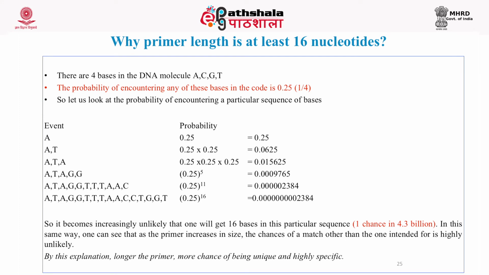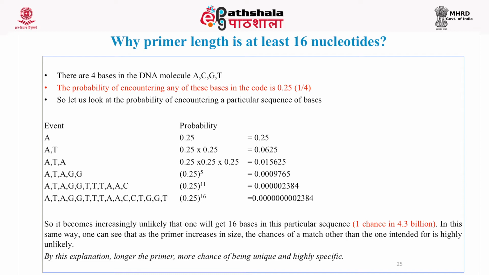When only one base is used, the probability of encountering it is 0.25. As the number of bases increases, the probability becomes 0.25 raised to the power of the number of bases. So when we use a 16 nucleotide primer length, it becomes increasingly unlikely that one will get those 16 bases in this particular sequence in the DNA template.